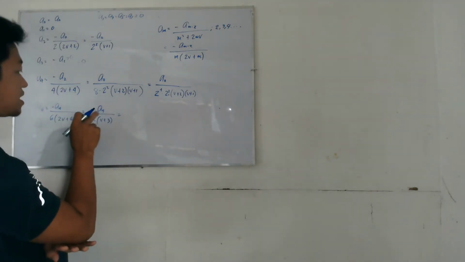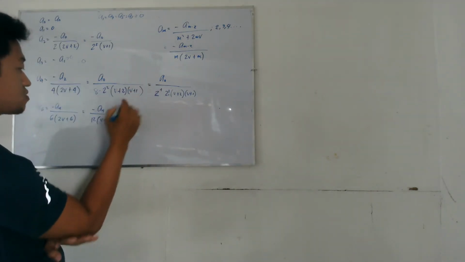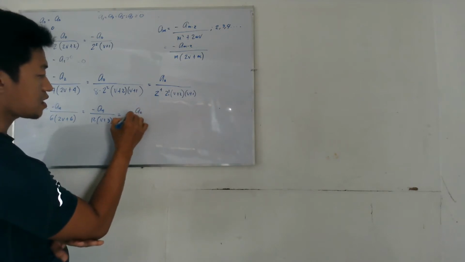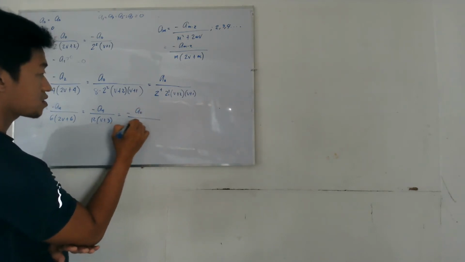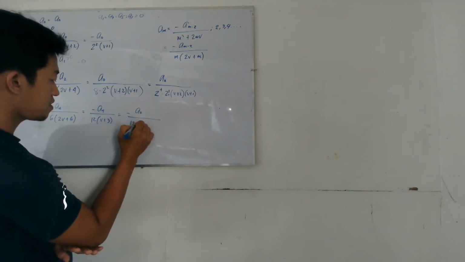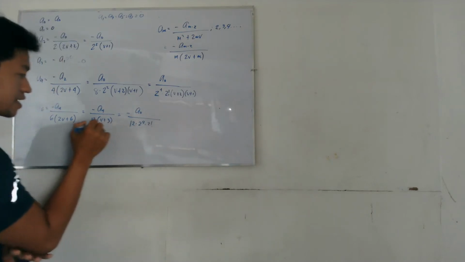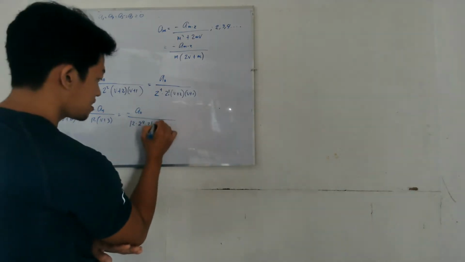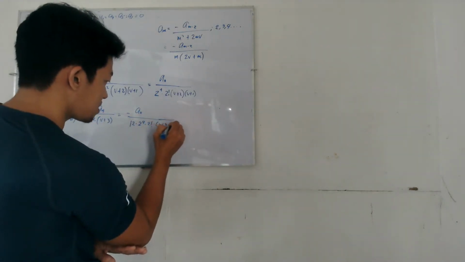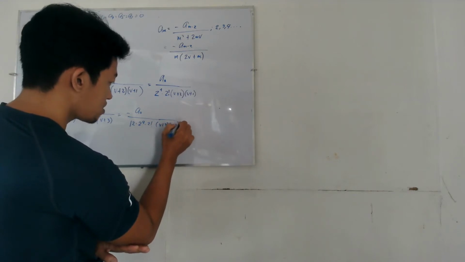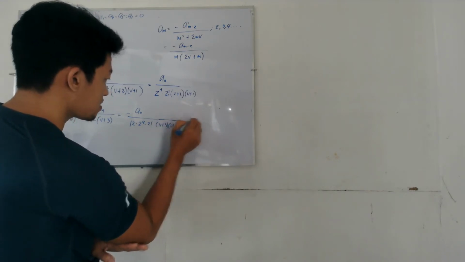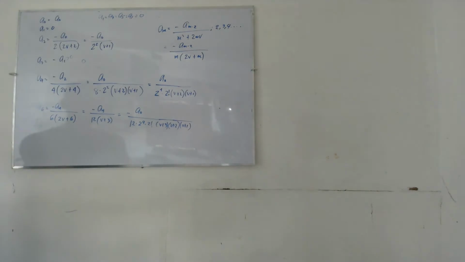And then plug in the value of A4, which is this one. So negative A0 over 12 times 2 to the 4 times 2 factorial times b plus 3, b plus 2, b plus 1.